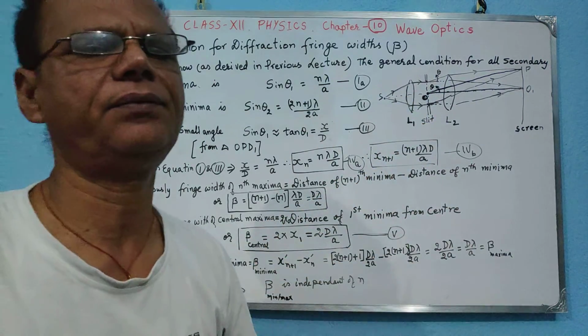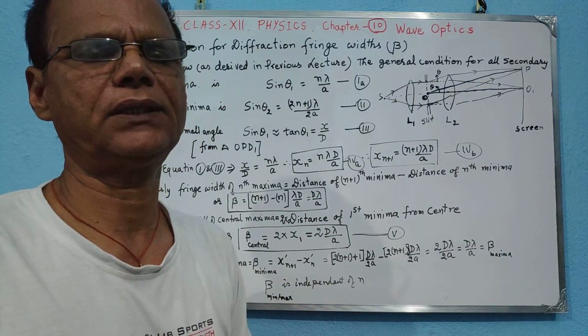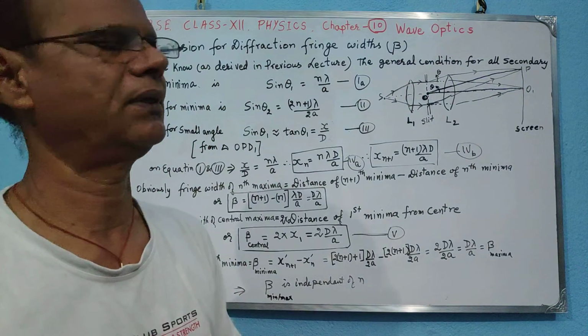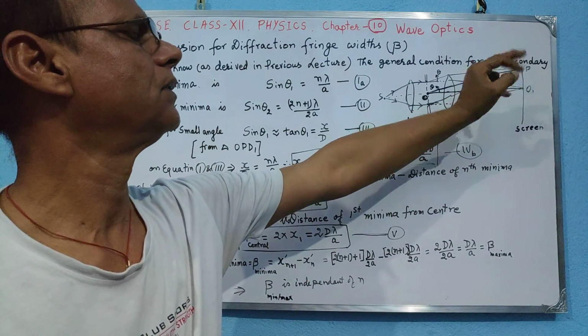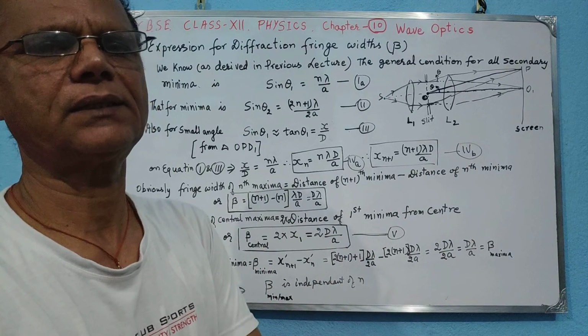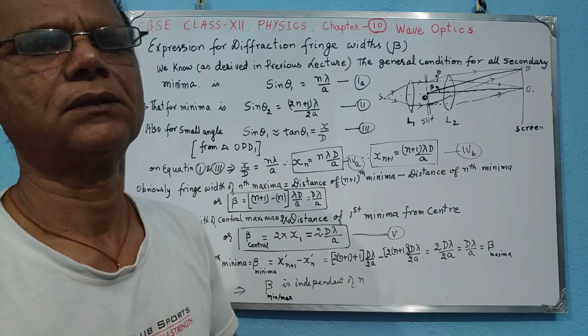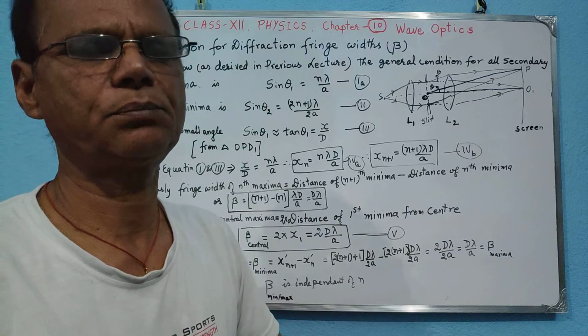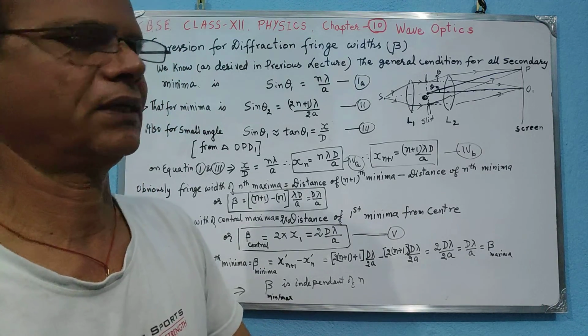it was very difficult to deal with each individual secondary wavelet reaching the point P on the screen, where we have to find whether the brightness is high or low, whether maxima is produced or minima is produced over there.